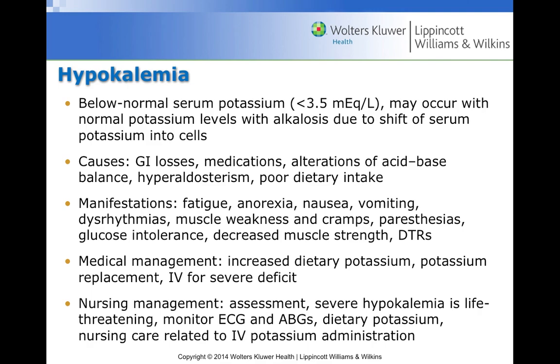When we want to manage hypokalemia, if it cannot be prevented by conventional measures such as an increase in daily dietary intake or by oral potassium supplements for deficiencies, then it can be treated cautiously with IV replacement.